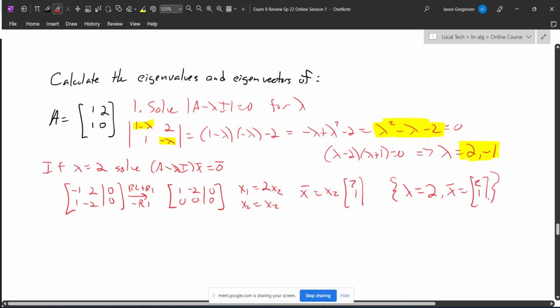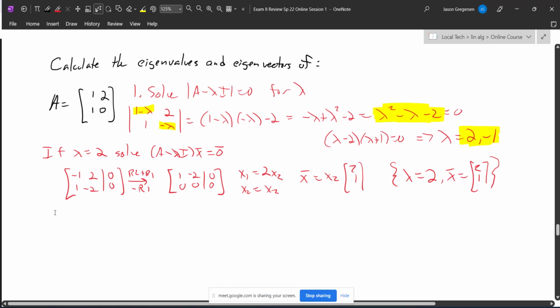And now I repeat that process with the other eigenvalue. I say if lambda equals -1, subtracting -1 on the diagonal would be 2, 2, 1, 1, augmented with 0. In this case, I'm going to divide the first row by 2. I'll get 1, 1, 0.